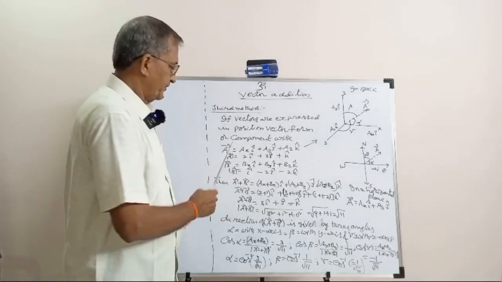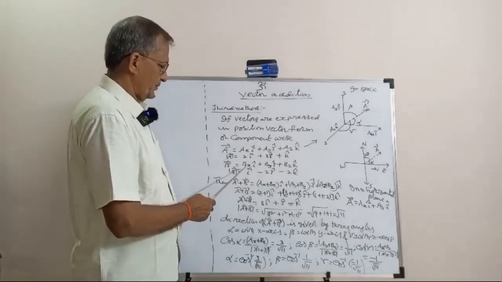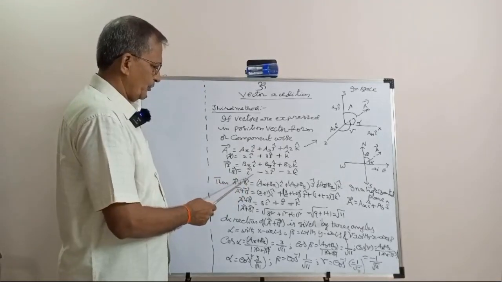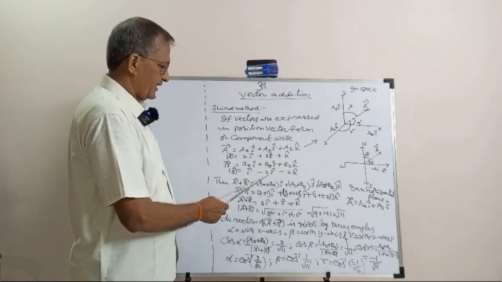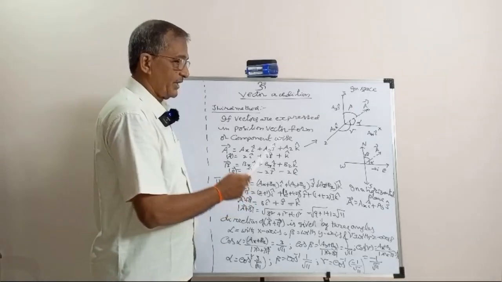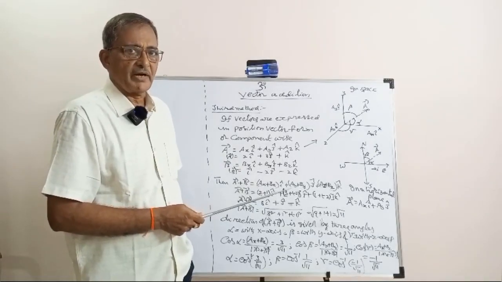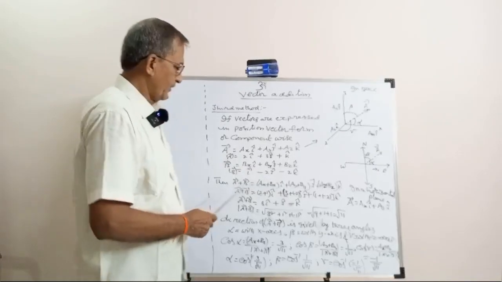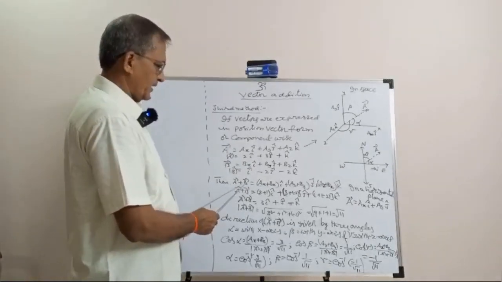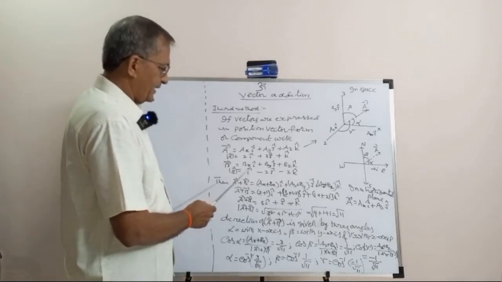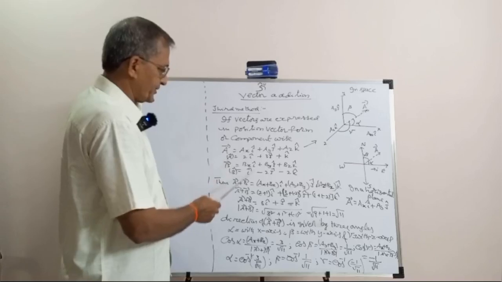Similarly, if there is another vector B bar, which is Bx i plus By j plus Bz k, and in numerical form it is i cap minus 2j cap minus 2k cap. So if you are asked to find the resultant of A bar and B bar, that will be A bar plus B bar, and in this method we have to add the common components.